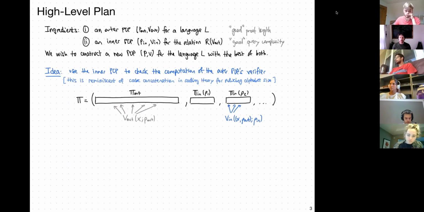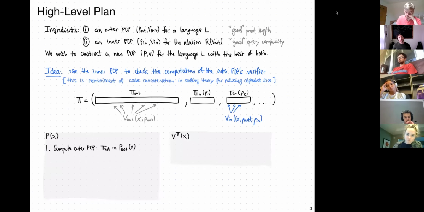In the coding theoretic language, this is called concatenation. Okay, so let's see how to implement this high-level idea and see what will go wrong.